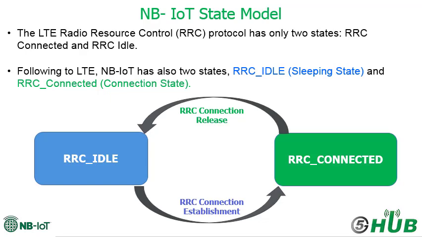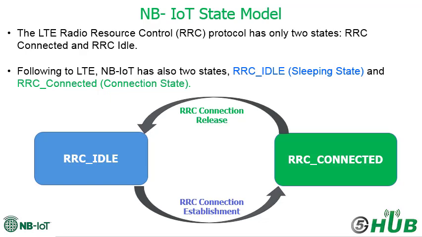In narrowband IoT, the device also has the same two states: RRC idle, or sleeping state, and RRC connected state. Handover has been removed because this standard was designed to be simple by reducing the sophisticated operation of LTE functions.